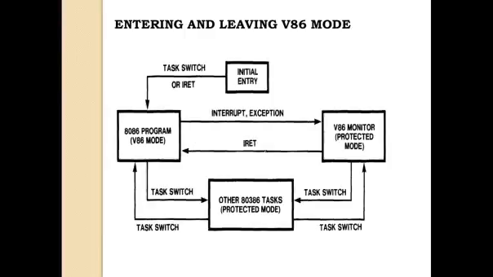From there, on execution of an interrupt or exception, the virtual 86 monitor will handle the interrupt or exception, and the processor enters protected mode. After completion of the ISR, it will execute IRET, due to which the processor will switch from protected mode to virtual 86 mode, or from protected mode it may again switch, due to a task switch, to an 80386 task, which is in protected mode.